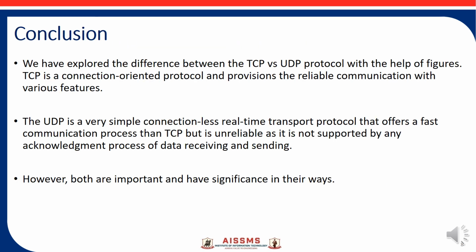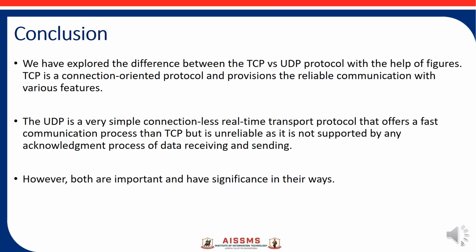So we will just summarize TCP and UDP communication. We have explored the difference between the TCP and UDP protocols with the help of a figure, advantages and disadvantages. TCP is a connection-oriented protocol and provides reliable communication as it provides error correction and retransmission facility.